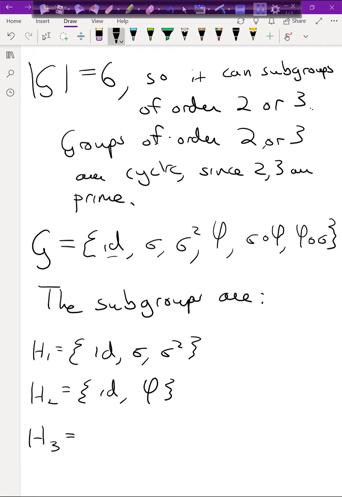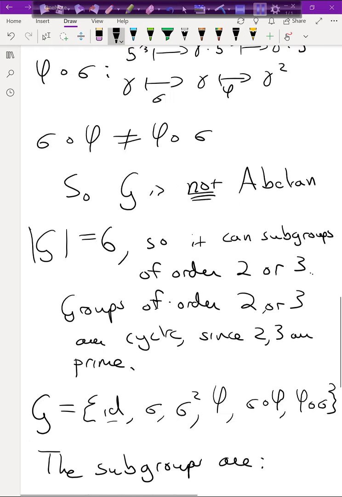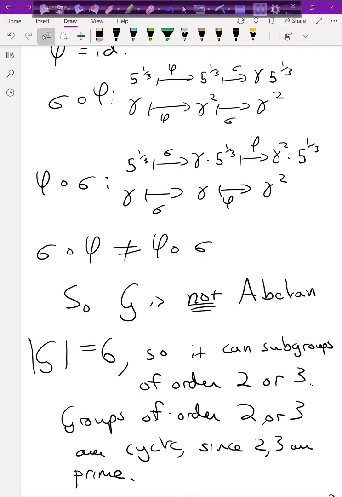H3. Okay. The identity, sigma composed with phi. Now it turns out that if you do sigma composed with phi twice, what you're going to get is the identity. Because when we do it twice, the 5 to the 1/3 will get sent to here, right?